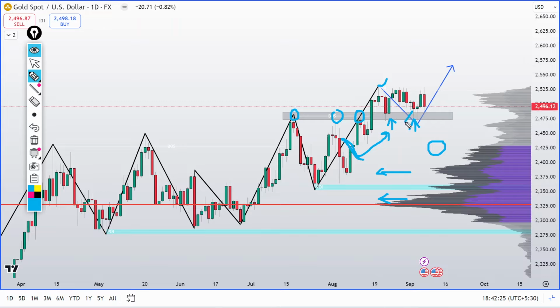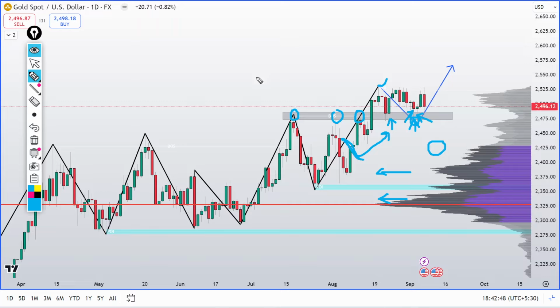On this day, price took support and closed with a wick. The next day, price again closed with a wick from this area, and this confirmed that the price rejected and formed a double bottom here, which was a buy signal.